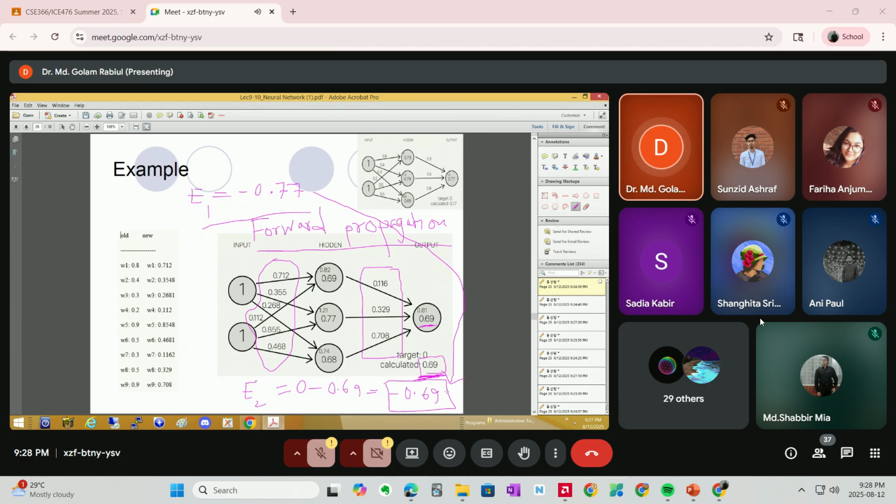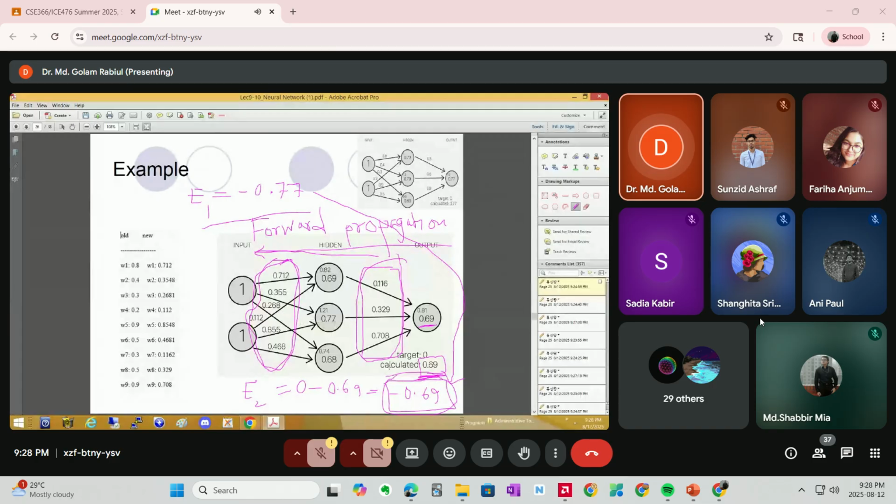From the first iteration to the second iteration, we got a little bit lower error. If we continue, again based on this error, the rate of change of our sigmoid, and the result, it will propagate those values to here, and based on that we will update the weights of this layer and this layer.